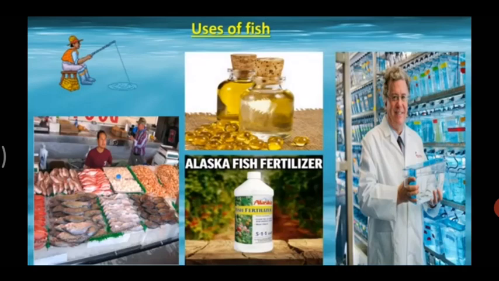That means people who are staying close to the sea are mostly engaged in this occupation. Though food is a major purpose of this activity, marine animals are also used for the production of fertilizers and pharmaceuticals, which means medicines, and are also used in research.